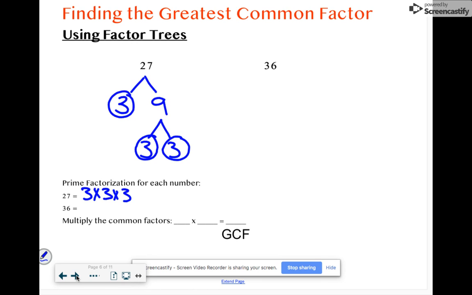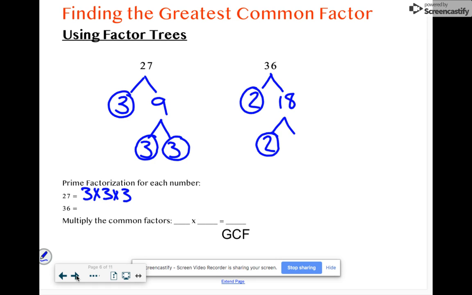Now, for this purpose, I would not use the powers because it's easier to see all the numbers laid out, and you'll see why in just a minute. So now on to 36. It's an even number, so I'm going to start with 2. Half of 36 is 18. 18 is still a composite number, so I'm going to split it in half because it is an even number.